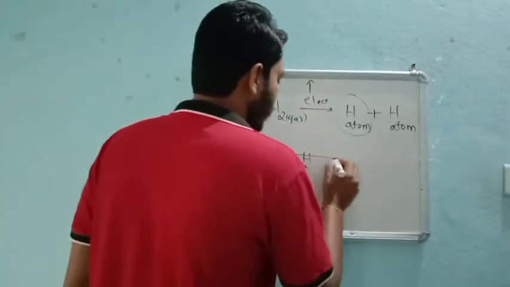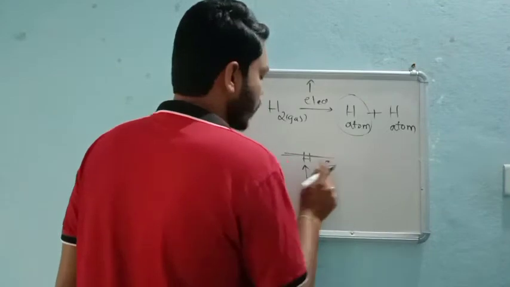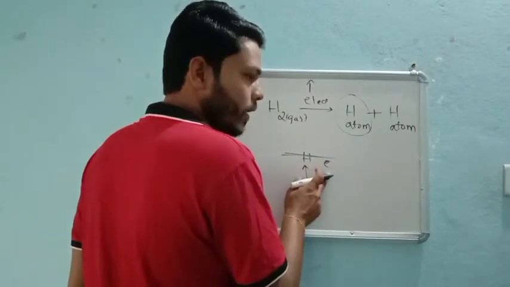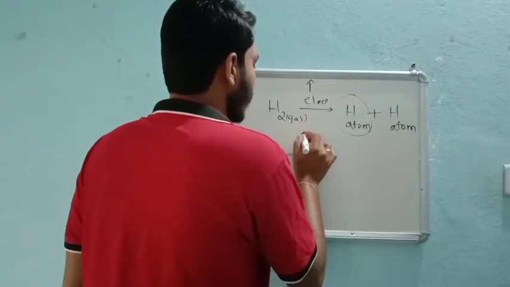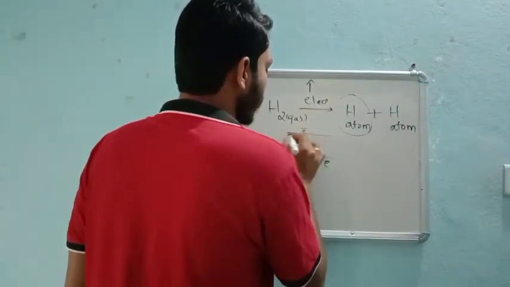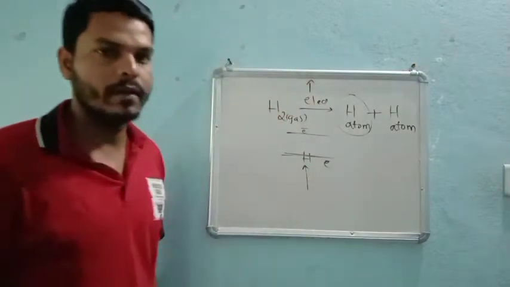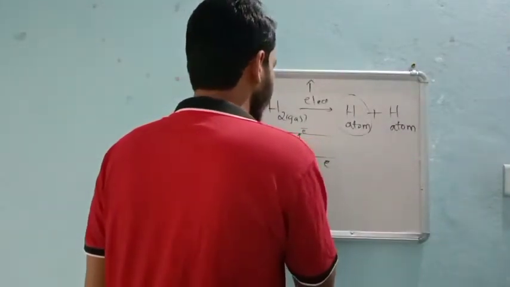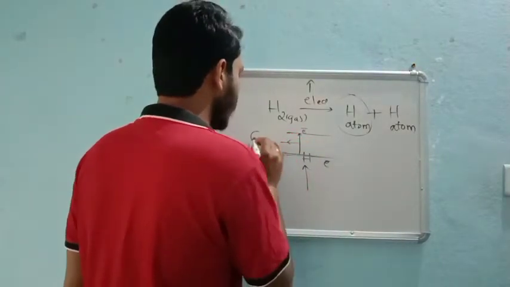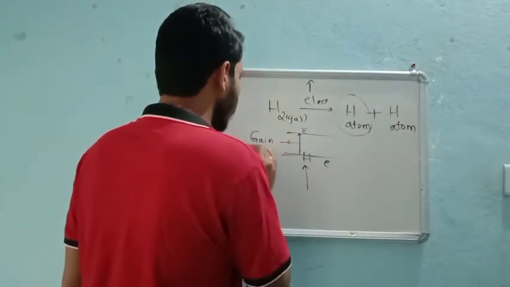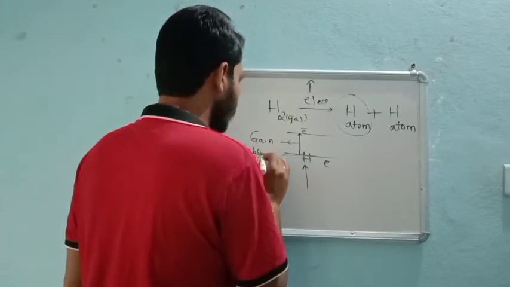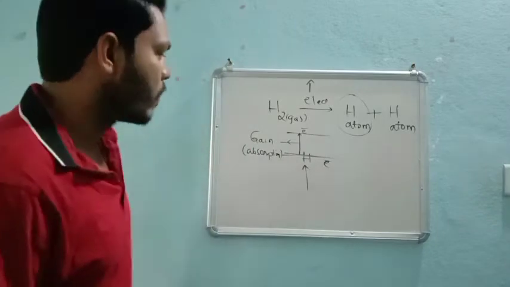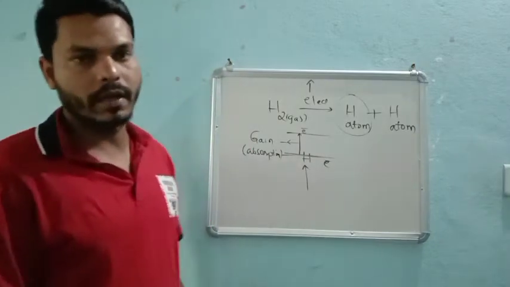This is the actual level of the electron of hydrogen, but because we applied some energy, the electron came somewhere over here. So in the first case there was absorption, or gain of energy.